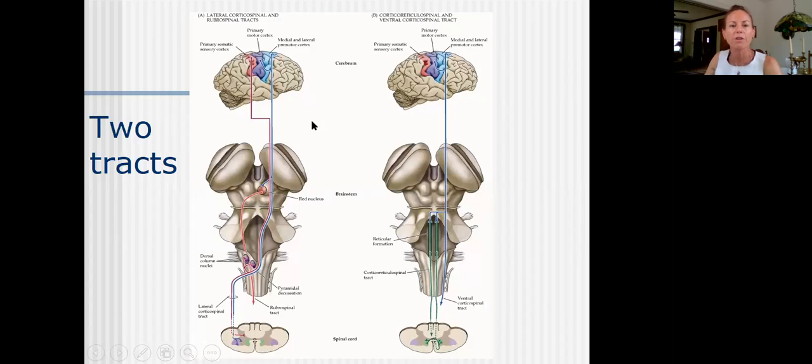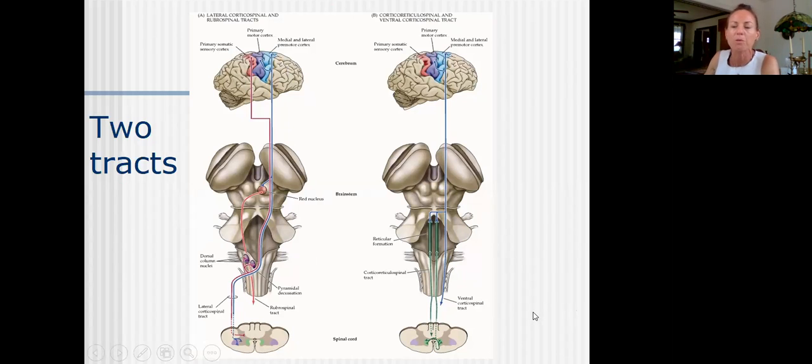Here you can see the first one on the left is the lateral corticospinal tract, and you can see that crossover happening right around the pons medulla area of the brain. Whereas in the medial corticospinal tract, you do not see the crossover happening there, so we do not have the contralateral control there.